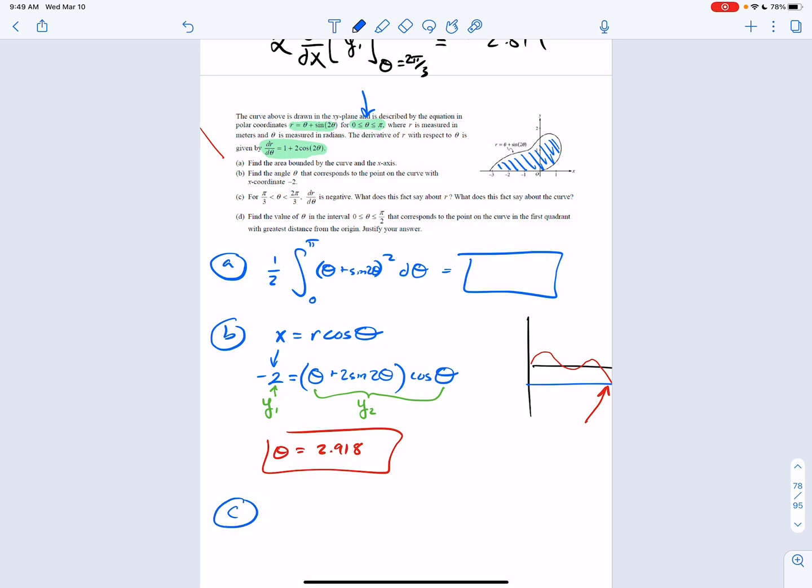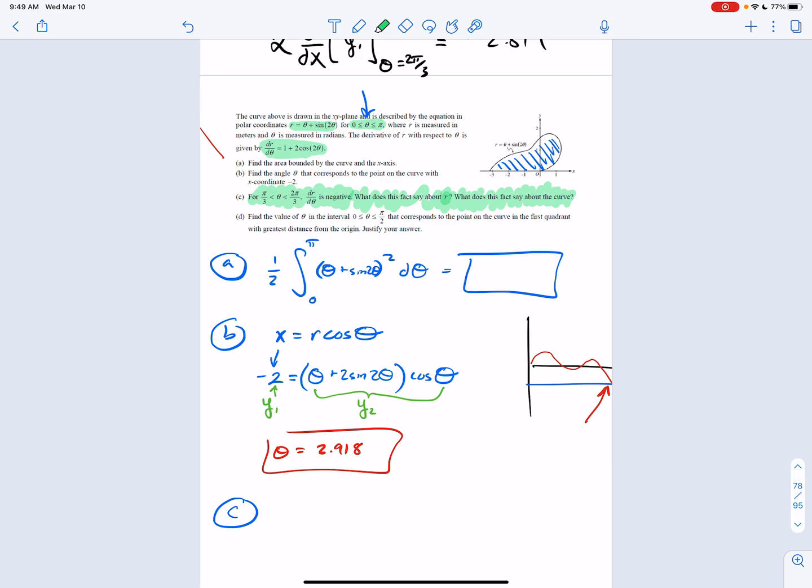Okay, so for part C, they're saying from pi over 3 to 2 pi over 3, the derivative dr d theta is negative. So that looks like it'll play an important role, okay? What does this fact say about r, and what does that say about the curve? Somewhere in between pi over 3 and 2 pi over 3.